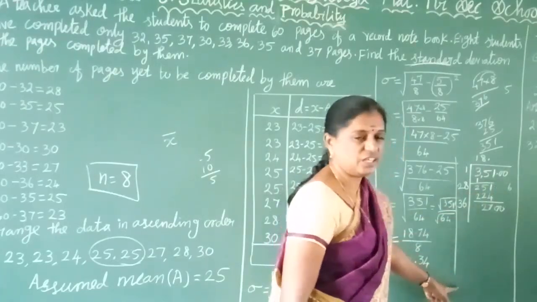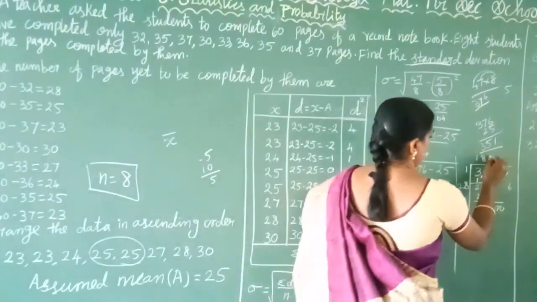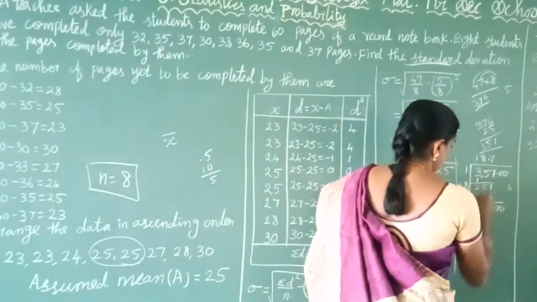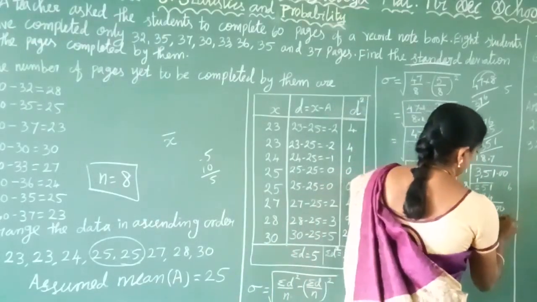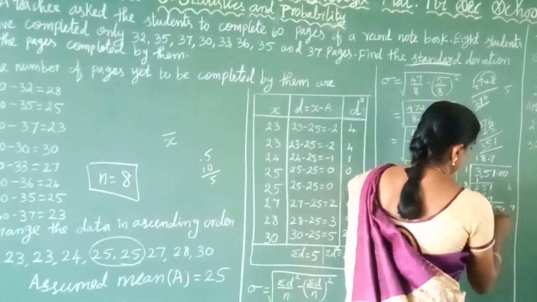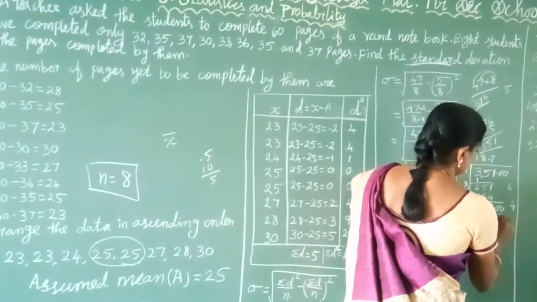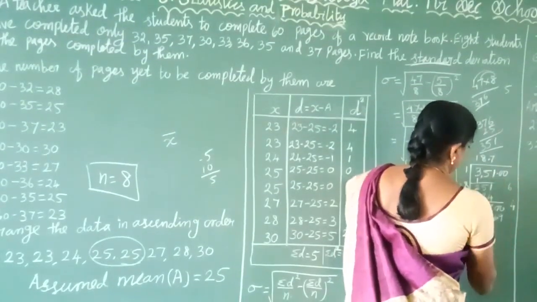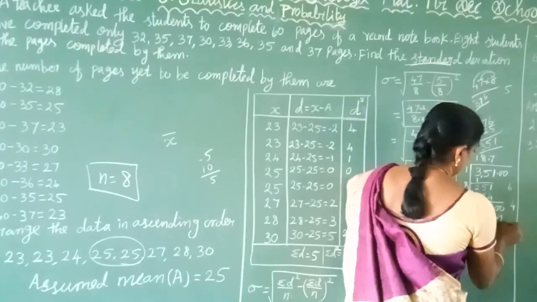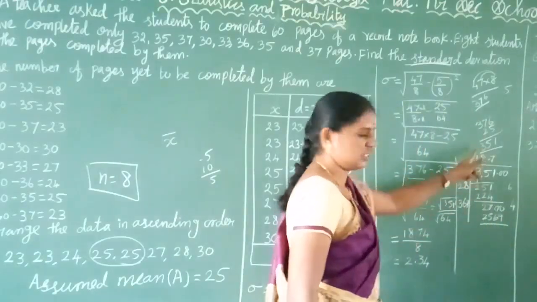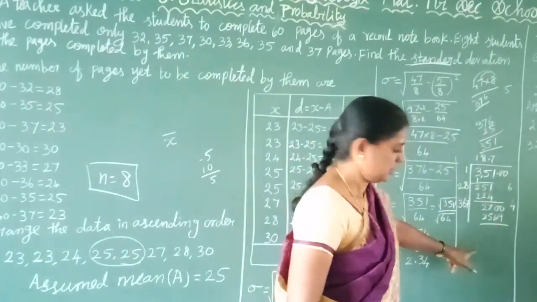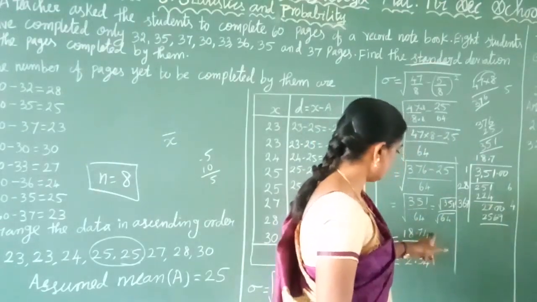Minimum 2 digits we need. So like that we are putting, here 7. So that answer: 7 sevens are 49, remainder 4. 7 sixes are 42 plus 4, 46. Remainder 4. 7 threes are 21 plus 4, 25. Clear? So the same things you complete. At last you get 18.74.